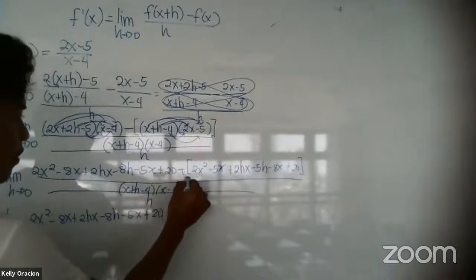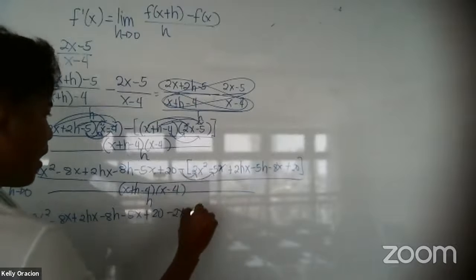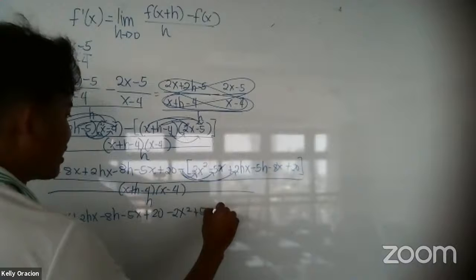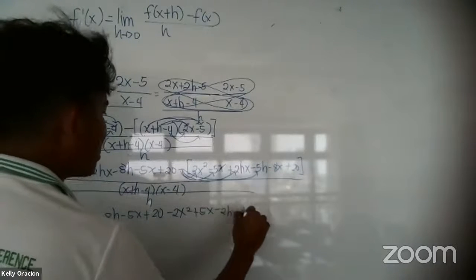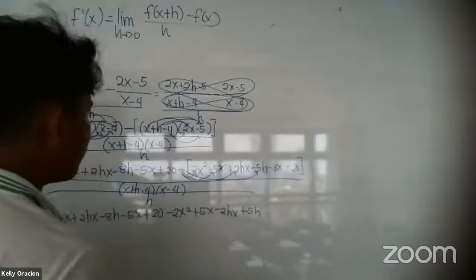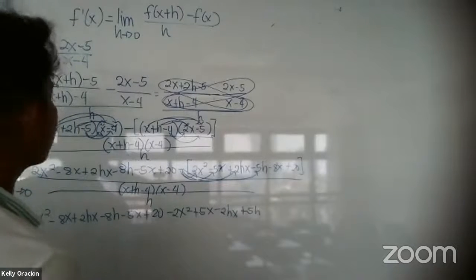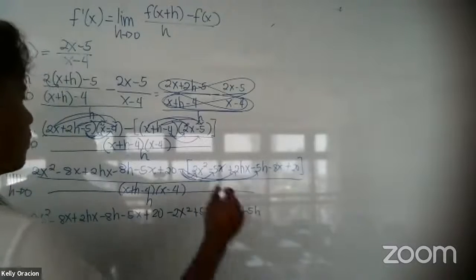Distribute the negative. That's negative 2x squared. That's positive 5x. Negative times 2hx, that's negative 2hx. Negative times negative 5h, that's positive 5h. Okay.